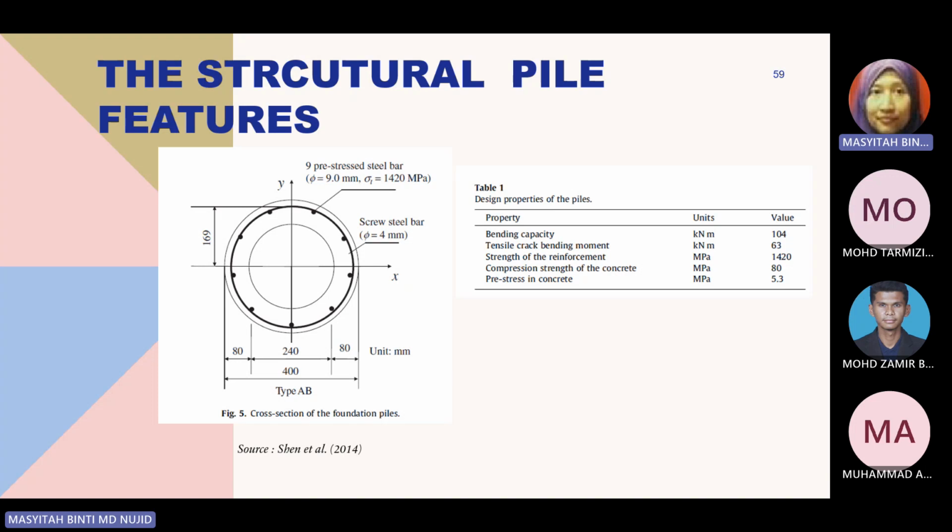So we have to take into consideration the structural properties, the strength of the structure itself, bending capacity, the tensile crack, and then the strength of the reinforcement. So these are the parameters of the pile concrete or PHC pile that must be taken into design considerations.